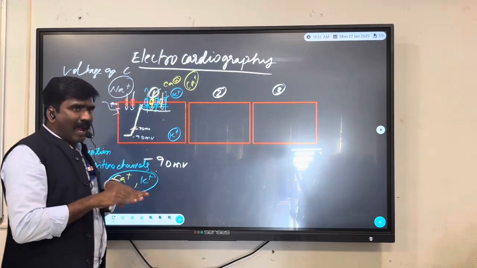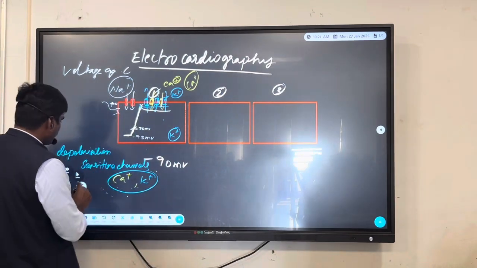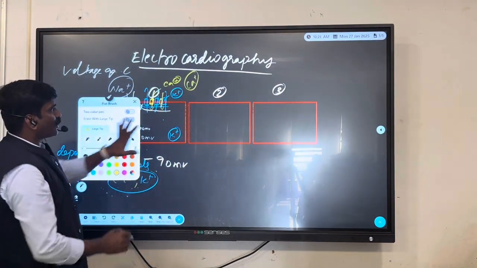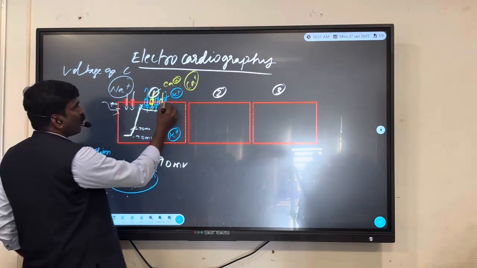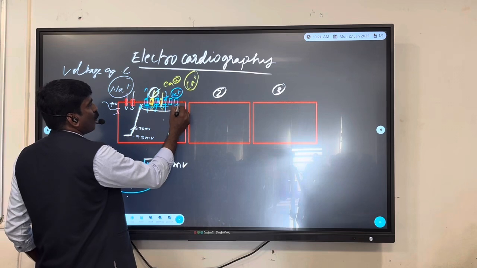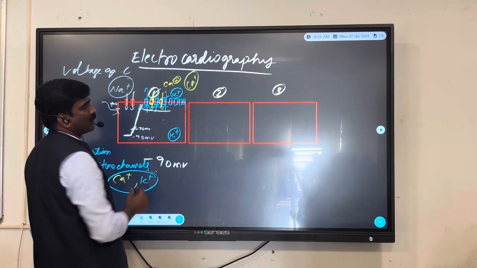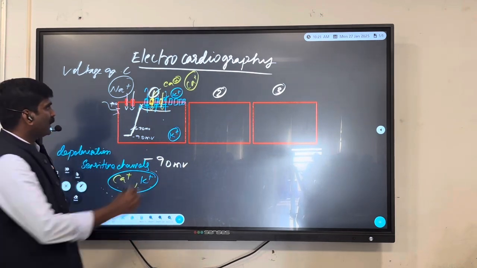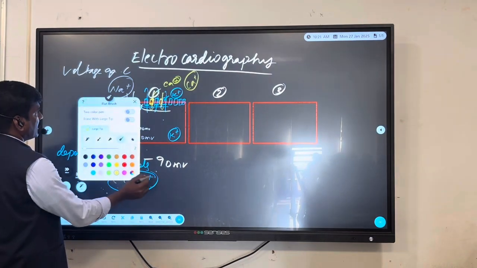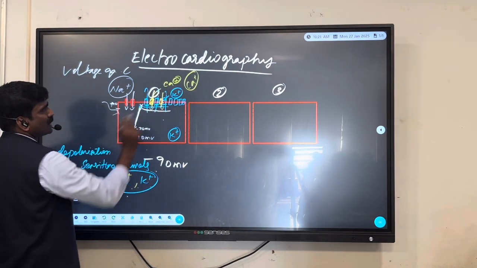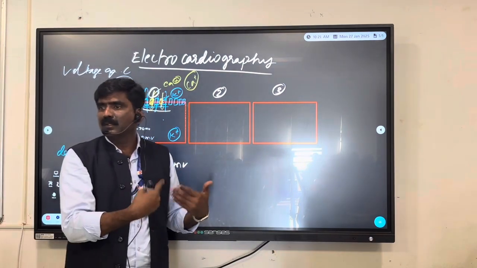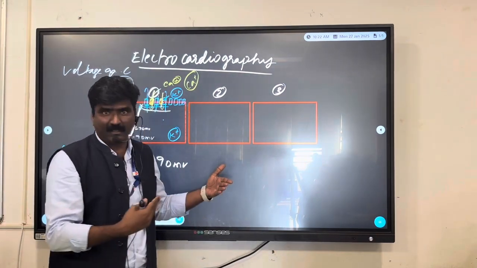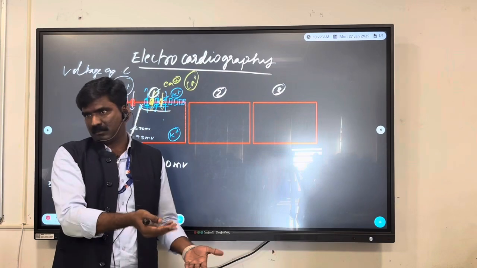Right? After some time, what happens? The calcium channel closes. Only potassium channel, more and more potassium channel is open. Now, what happened to the calcium channel? The calcium channel is closed and more potassium channel, the gate for potassium, is open, right?